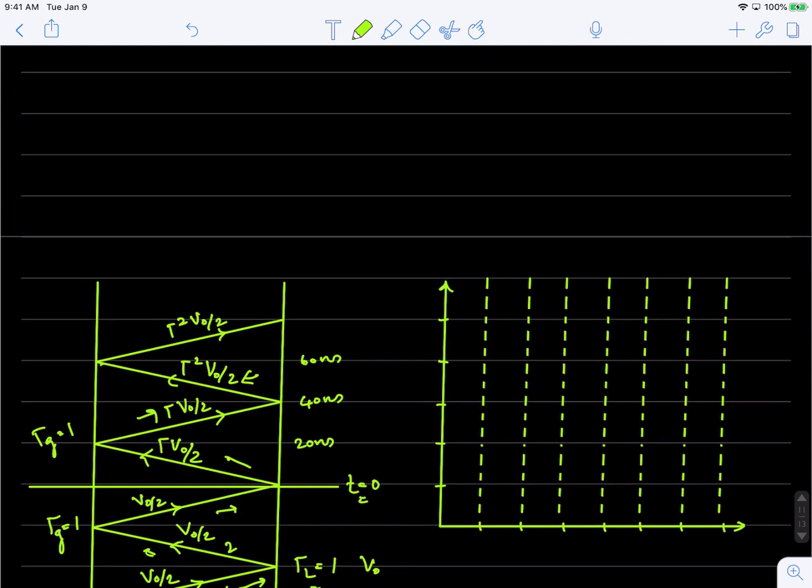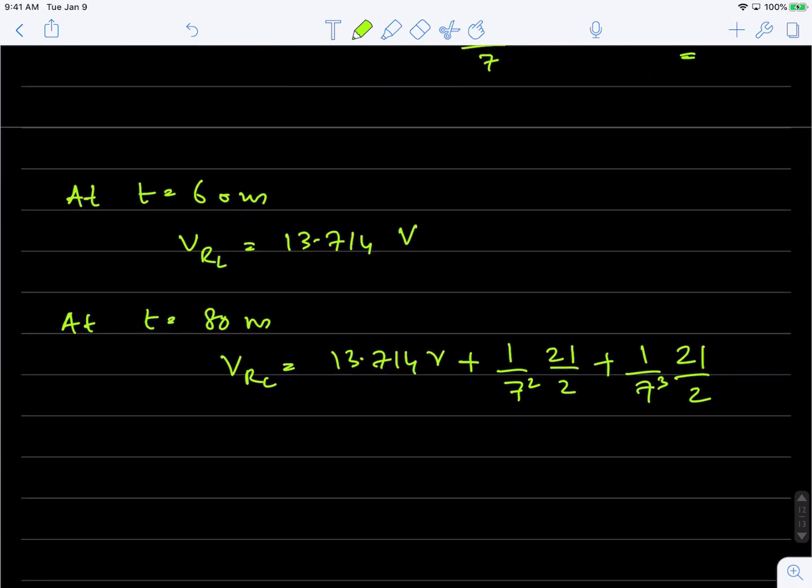That is the last one here. This is going to add up and give us gamma cube V0 by 2. This is at 80 nanoseconds. So the way it is going to look is going to be, it's going to add up to 13.95 volts. Okay, so this is the voltage at 80 nanoseconds.